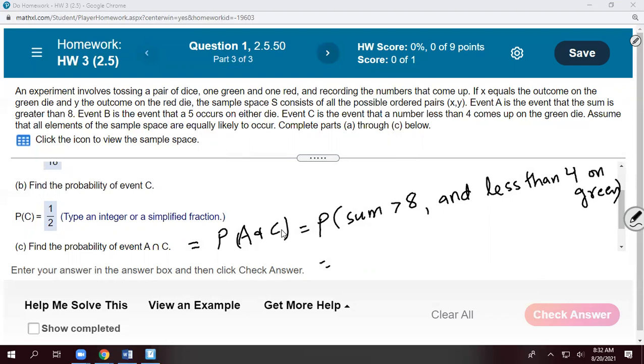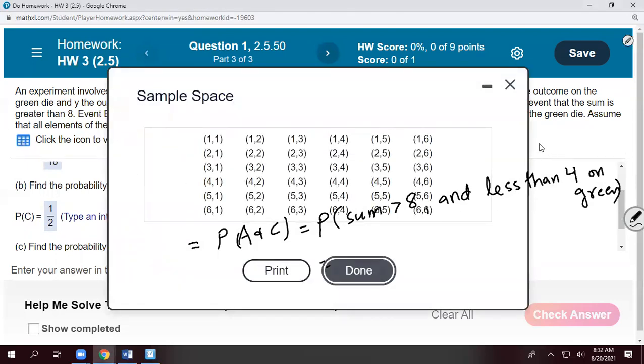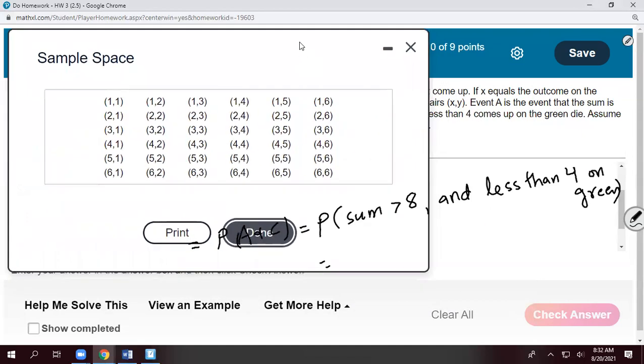Remember, X was for the green die. So if you open up the sample space, you're looking for points where X is less than 4 and at the same time the sum is greater than 8. As we figured out earlier, these diagonal points were the points where the sum was greater than 8.